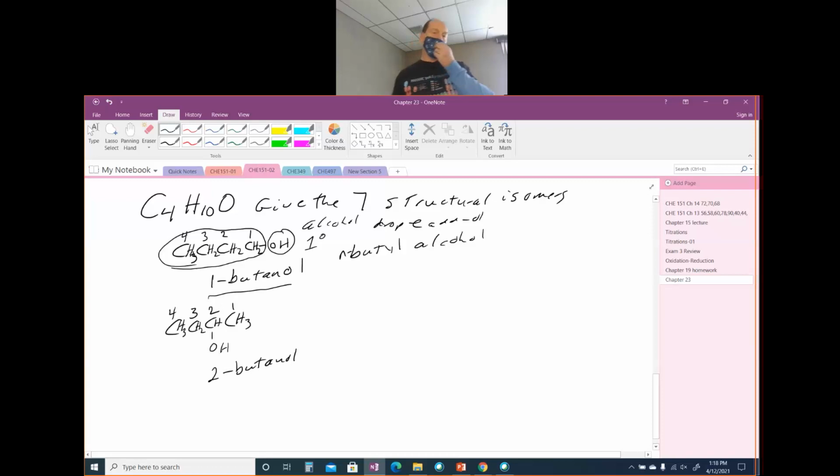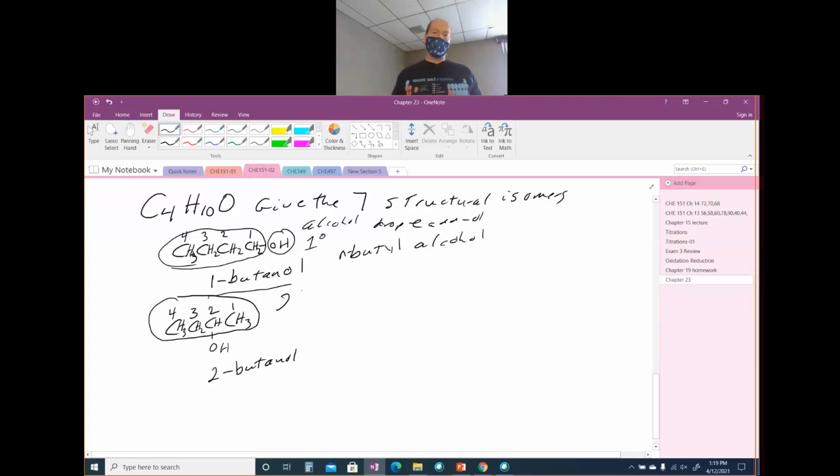So if there was any question on whether you needed the 1 for the 1-butanol, the answer is yes, because there is a 2-butanol. The 1 was definitely required, and the 2 here definitely required. If you just said butanol and butanol, no, these are not the same. Now you have to know that the carbon connected to your OH here has 2 other carbons attached.